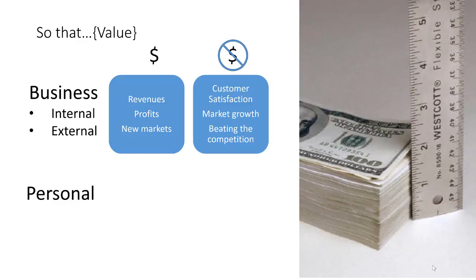There may be features that you're implementing to improve your reach that don't have a direct dollar value associated with them, but they're expanding your markets, which will eventually result in financial remuneration. Beating the competition, that's a great one. And you can think of a million of them. These boxes are not exhaustive. Good Lord, please don't think they are. These are representative, so you get the idea of what these are.